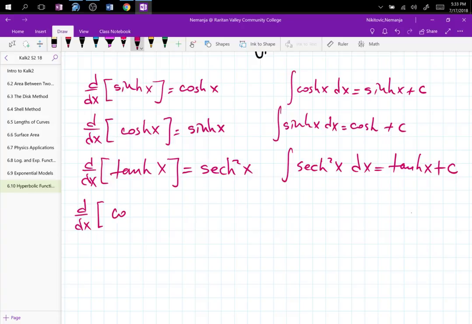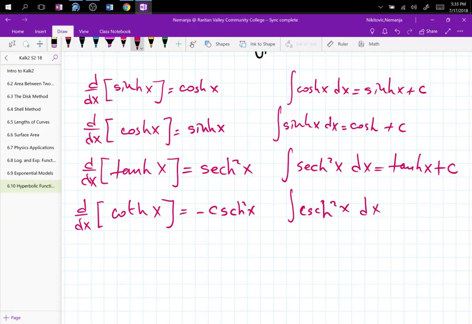Next one is the cotangent hyperbolic x, which is going to be negative cosecant squared x, and that's the integral of cosecant hyperbolic squared x. I forgot the hyperbolic over here. So cosecant hyperbolic squared x dx is going to be cotangent hyperbolic x plus c. Two more.